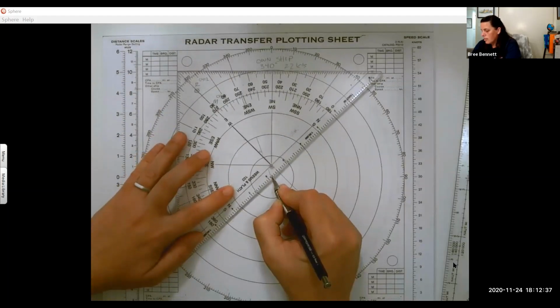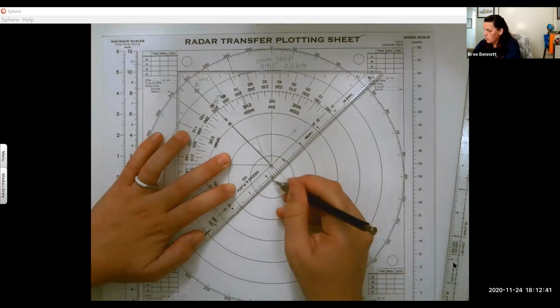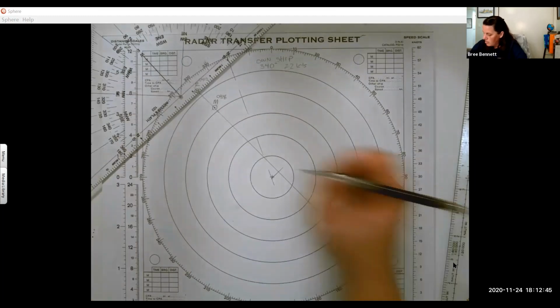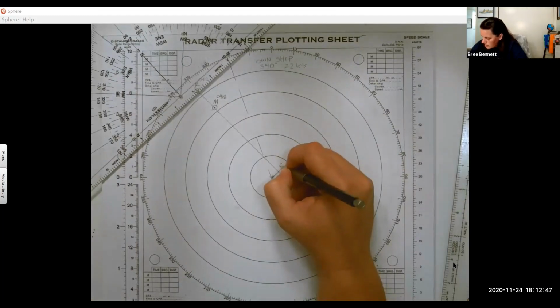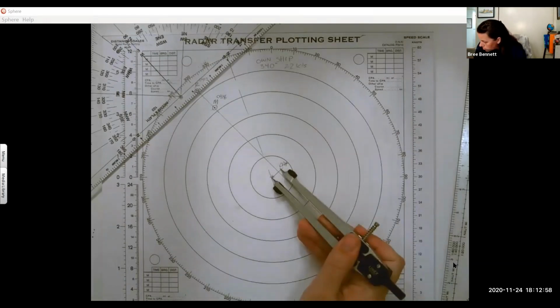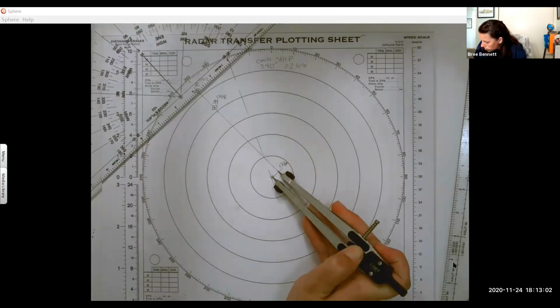So you line that up, break your pencil. Just kidding, you don't want to do that. And that is going to be your CPA. So we'll want to measure that CPA. Mine's a little bit off here. I'm going to call it that.